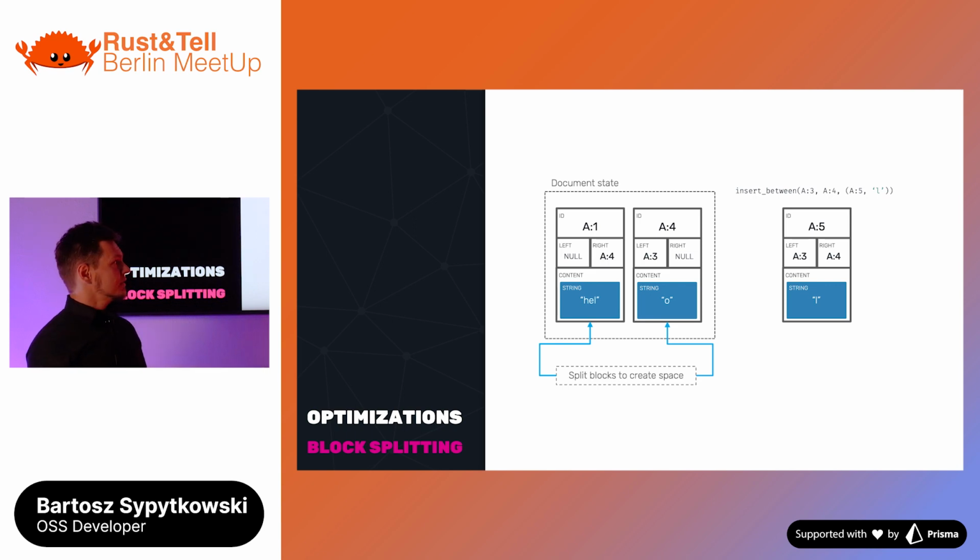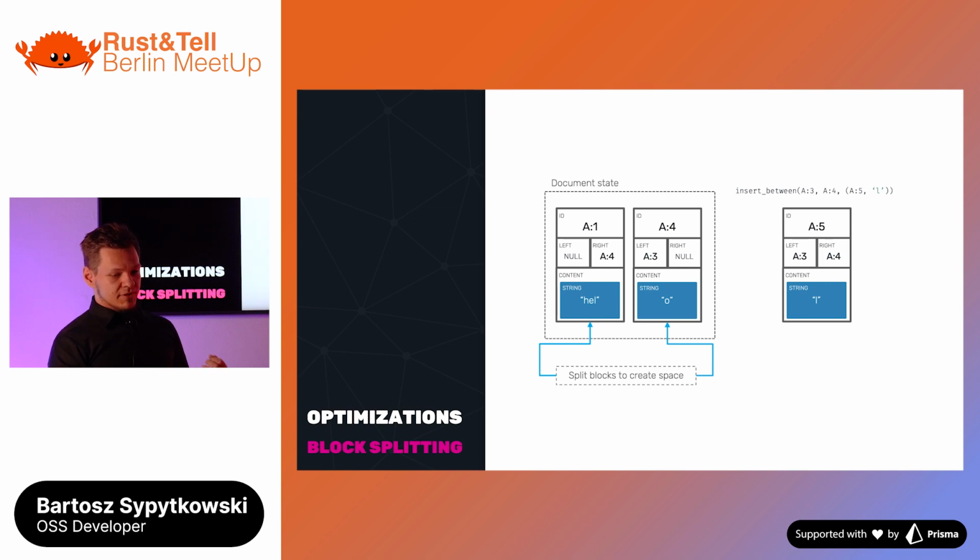However, thankfully, merging and splitting are both reversible operations. So if two blocks were sequentially inserted, we can merge them, and if they are merged, we can assume that they were sequentially inserted, so we can reverse this whole process basically.